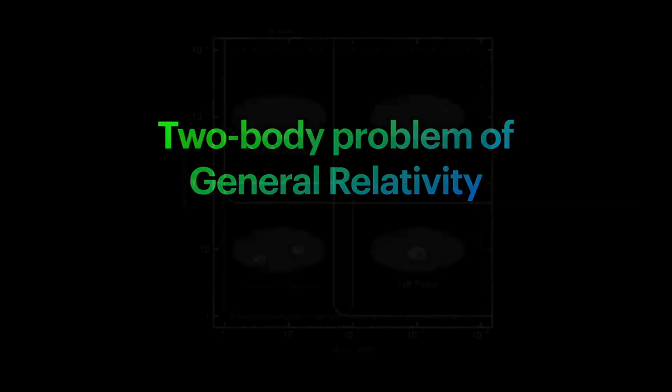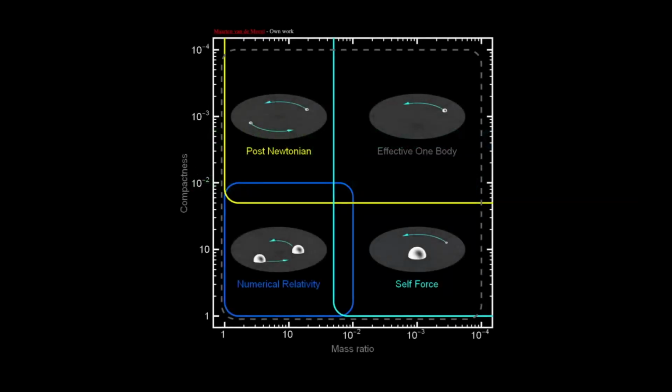So generally, the problem is how we solve the two-body problem in these binaries, because solving it directly from GR, from the Einstein equation, is quite hard. So technically, several methods have been developed over the years.